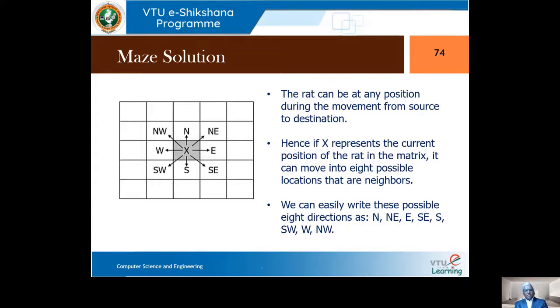So we are now trying to build the solution process, for which we need to understand certain things. Assume that X is the current position at any point of time for the rat.